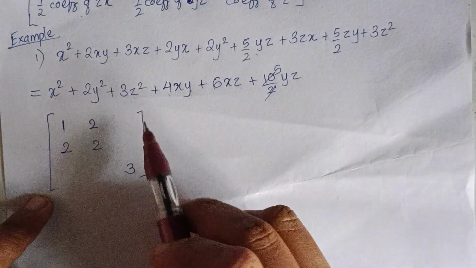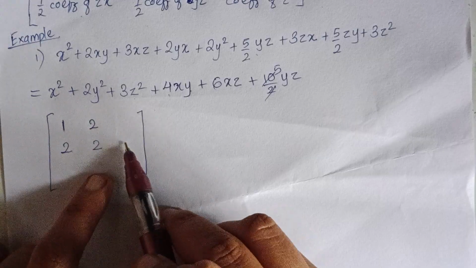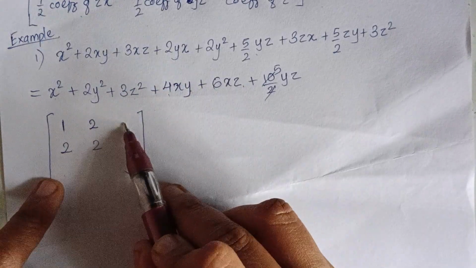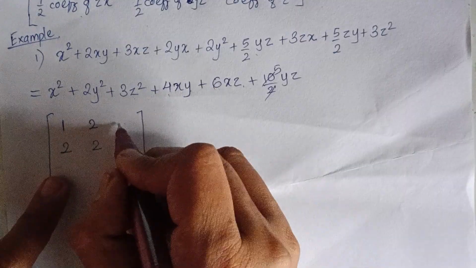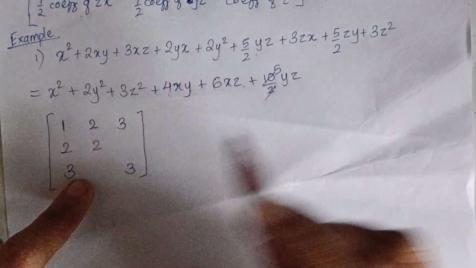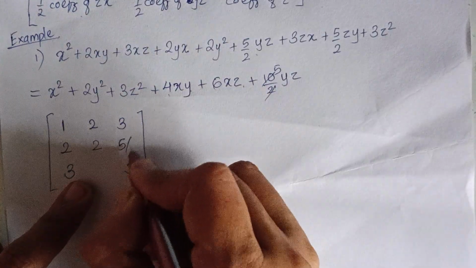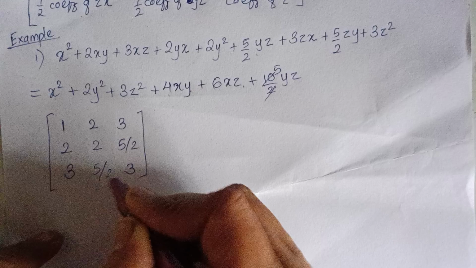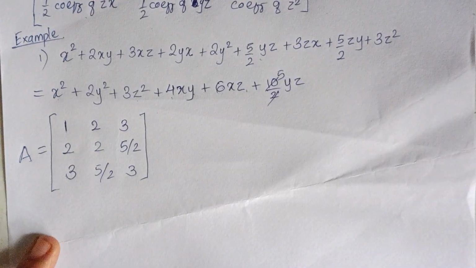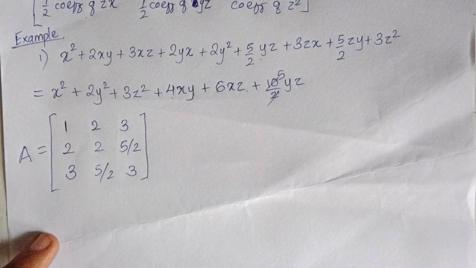Then xz is here and here; divide by 2, so it is 3, 3. Again here yz, divide by 2, 5 by 2, 5 by 2. So this is our matrix. So the quadratic form is converted to matrix form.